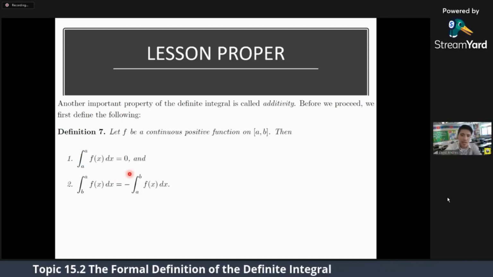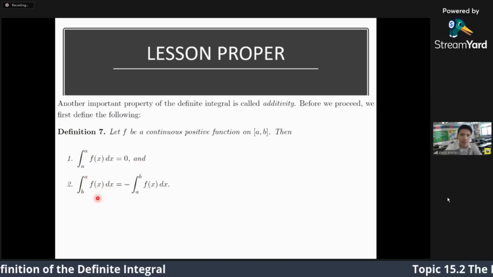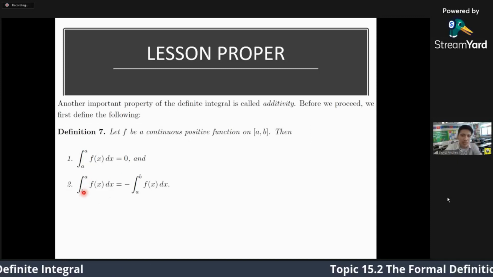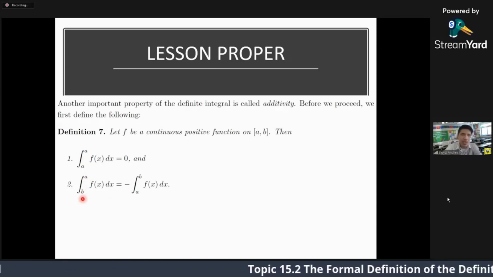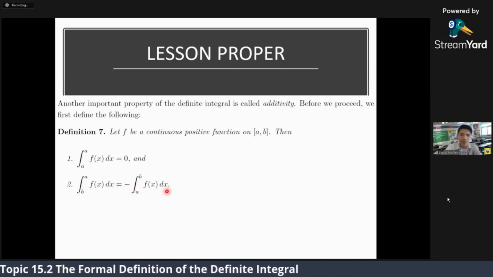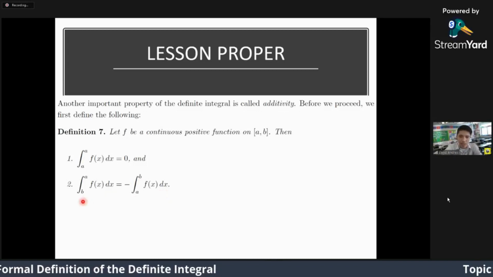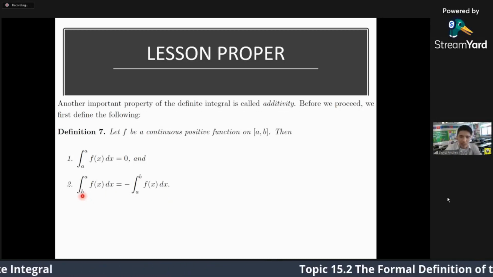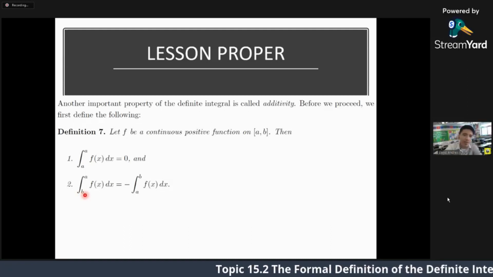So, and ang ikaduha, the integral of f of x dx from b to a, ang lower limit niya is b, ang upper limit niya is a, is just equivalent to negative integral of f of x dx from a to b. Kung inyong mapansin, ang first, lower limit niya si b, upper limit niya si a.